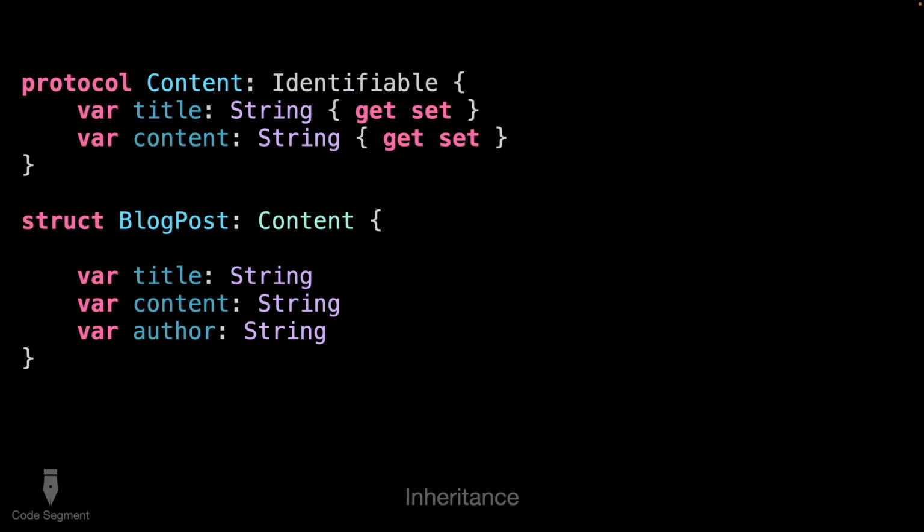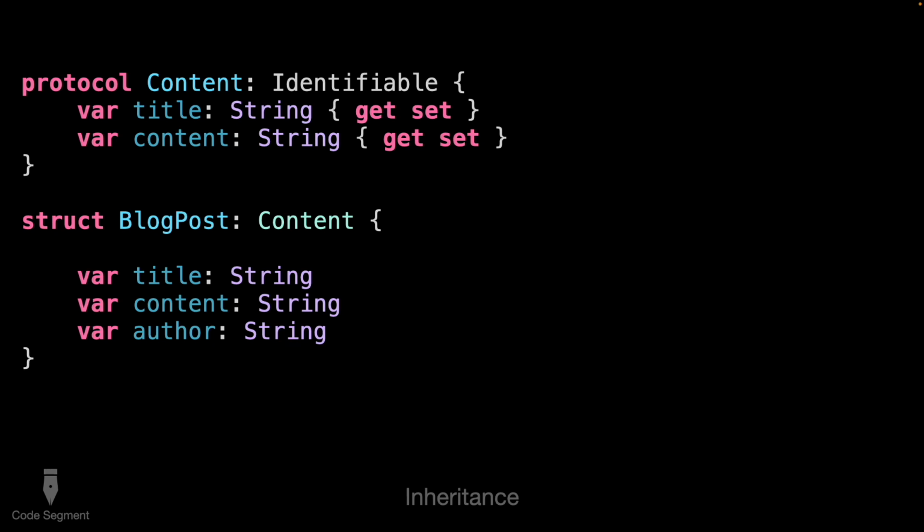So, protocols can also inherit from each other. So here, we are having the Content protocol inherit from the Identifiable protocol. Now, protocols, like other types, can inherit from multiple protocols. And what this basically does is it combines all the requirements into that one protocol that you have defined.